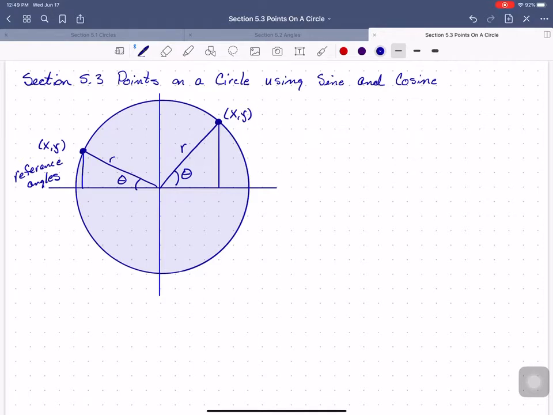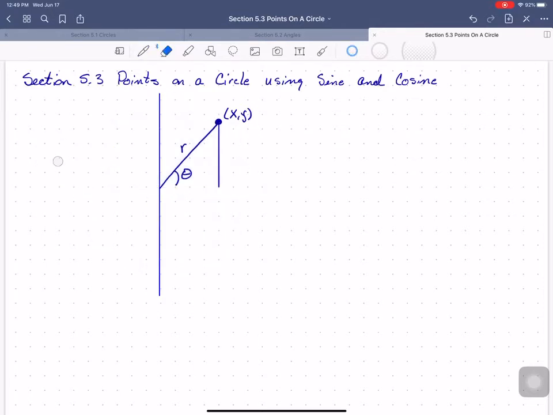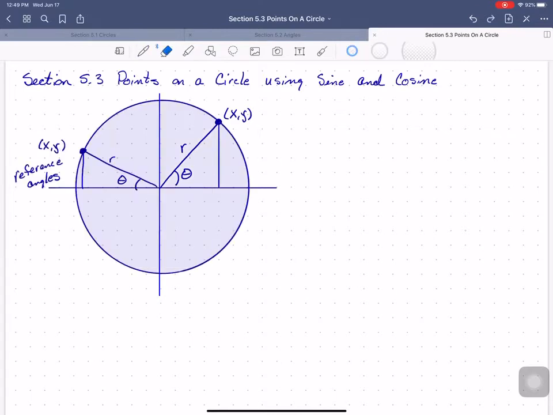I'm going to erase this one over here so as to not confuse us. Now I've got one circle on here. Let's suppose I have a smaller circle. I could do the same thing with a smaller circle.